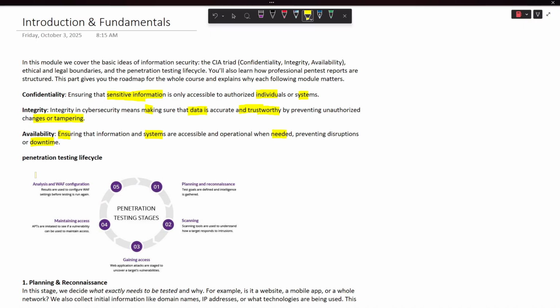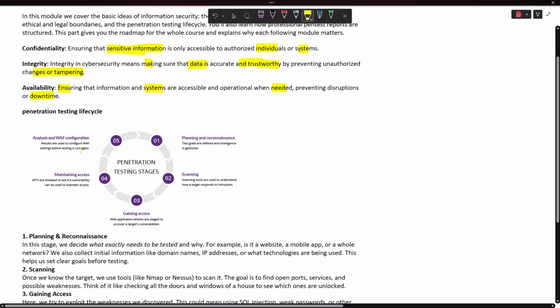So it is an issue of availability. It will be a huge loss to your business, definitely. So we have to make sure that our data, systems, and information are available on time when needed.